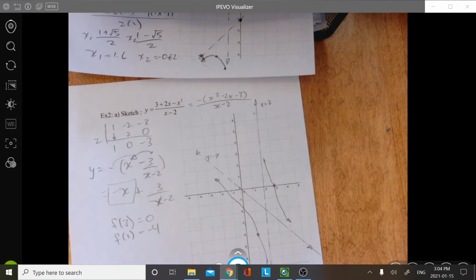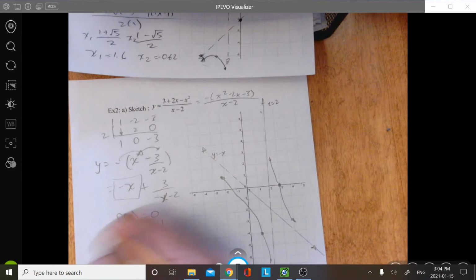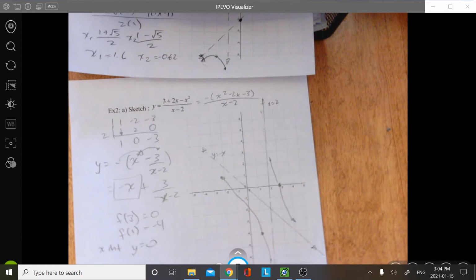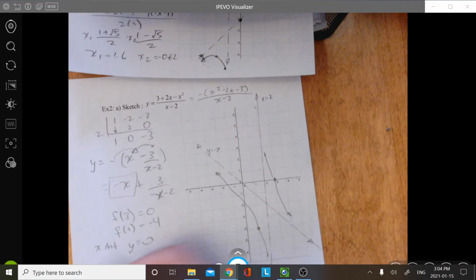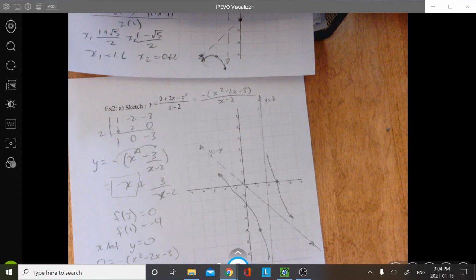So again, my x int is when y is equal to 0. So again, we just want to work with our numerator, negative x squared plus 2x plus 3.